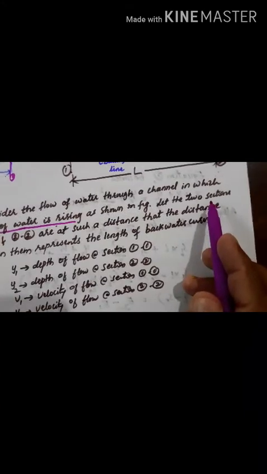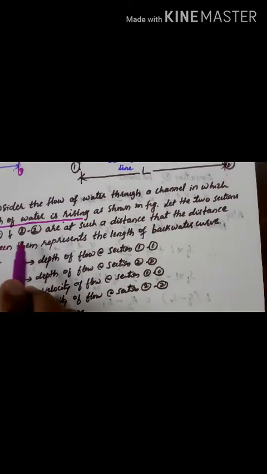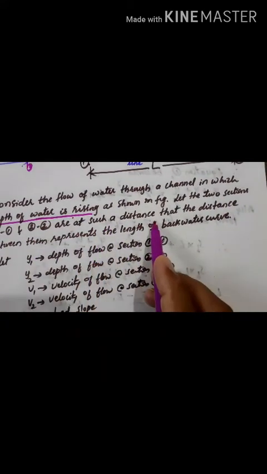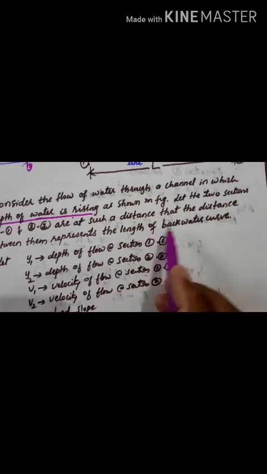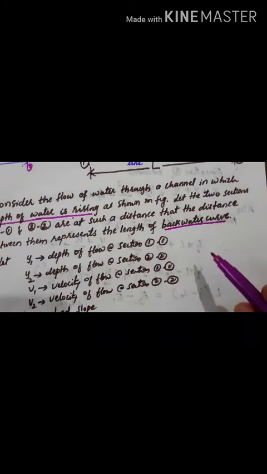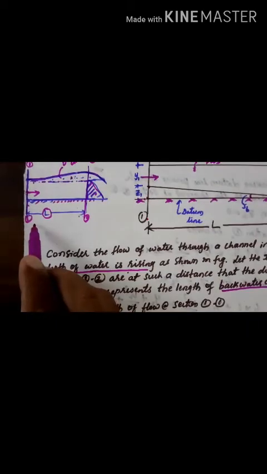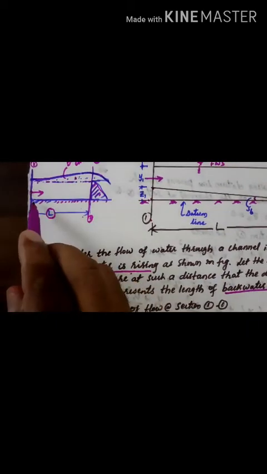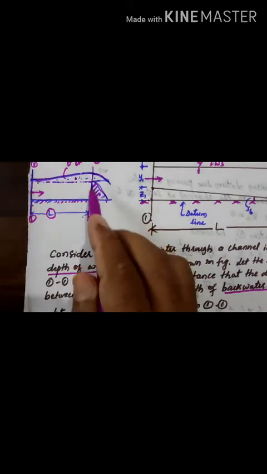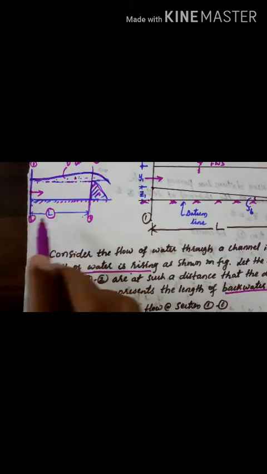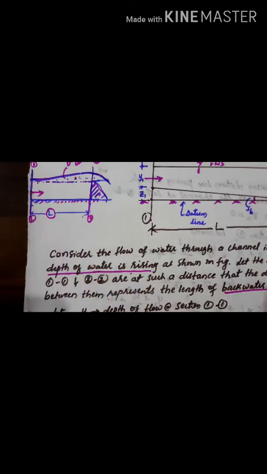Let the two sections be at such a distance that the distance between them represents the length of backwater curve. So I have taken section 1 at the point where the water starts rising and section 2 at the point where the water reaches the maximum height. Whatever length you measure between those sections is called the length of backwater curve. For this we are deriving the expression.